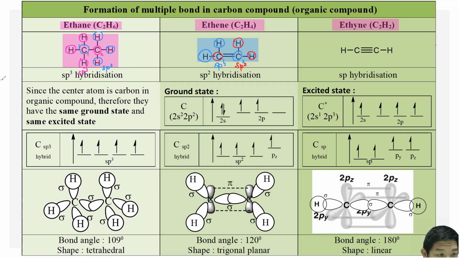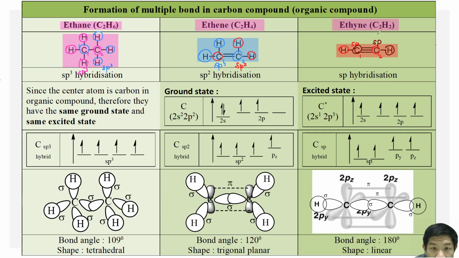Finally, this is the Lewis structure of the ethyne molecule. In ethyne, you have HC triple bond CH. If you look carefully at C1, it is surrounded by 2 atoms, therefore sp hybridization, and C2 is also surrounded by 2 atoms, therefore sp hybridization.